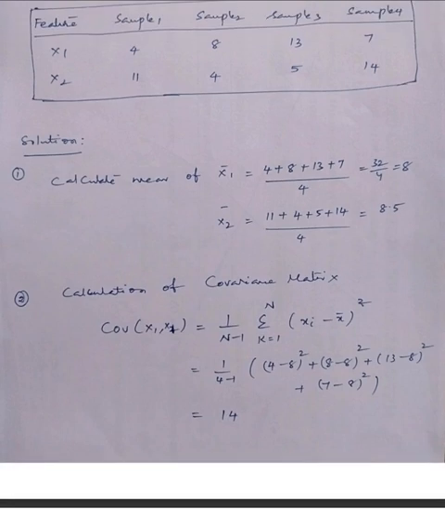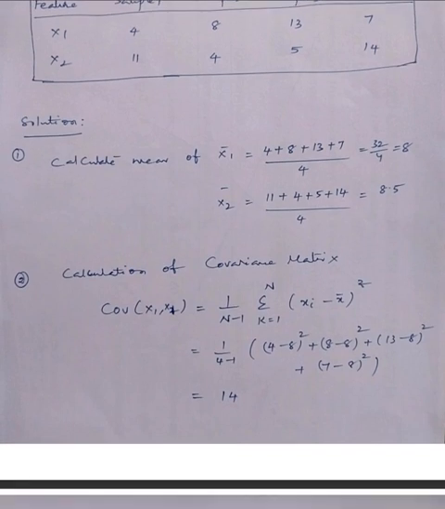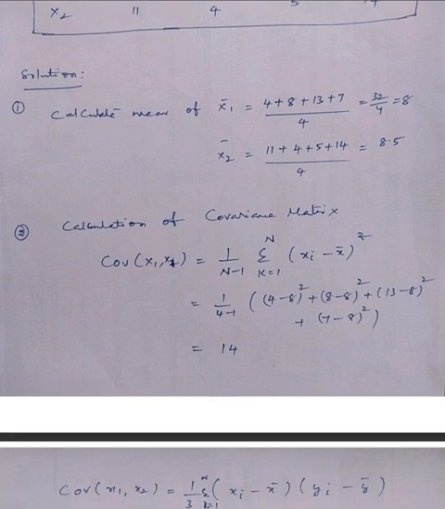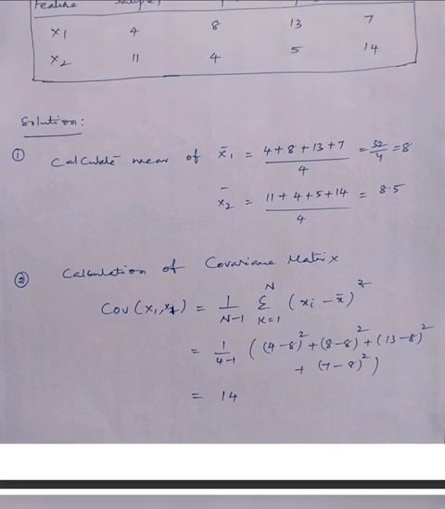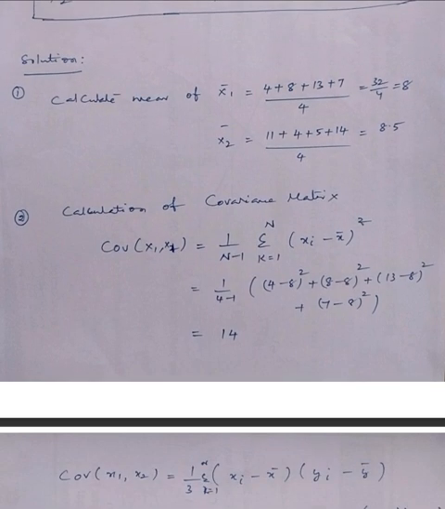The second step is to calculate the covariance matrix. The covariance matrix is covariance of xx, xy, yx and yy. Here the notation is x1 and x2, so covariance of x1, x1.